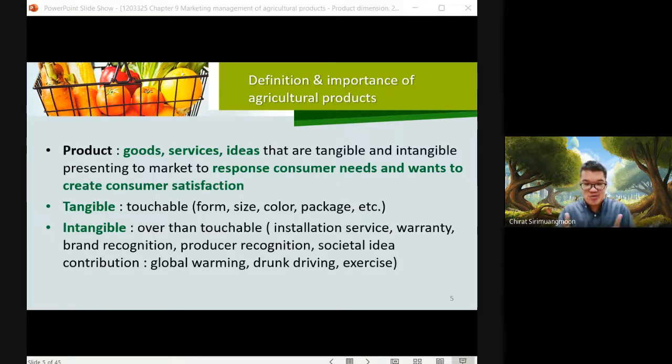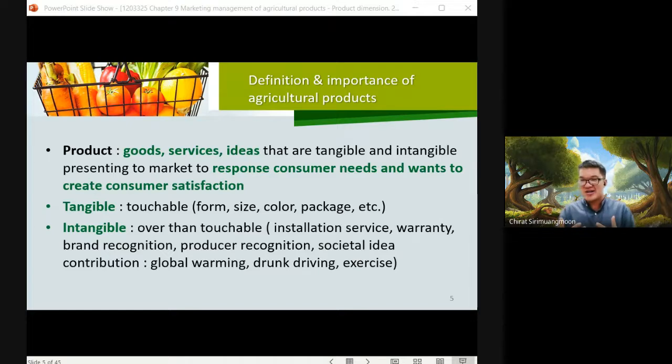Think about an agricultural product. If you have an orange, it has a round shape, an orange color, and a good smell. So that is tangible. But how about intangible? Intangible is the other things that you cannot touch. So it may be a service, like installation service, advice service, warranty, or brand recognition.